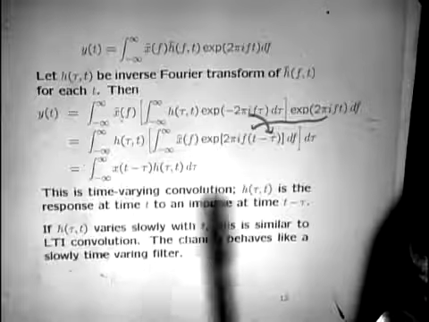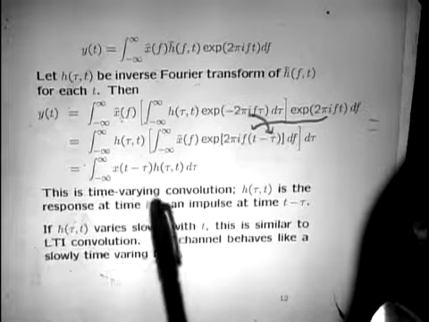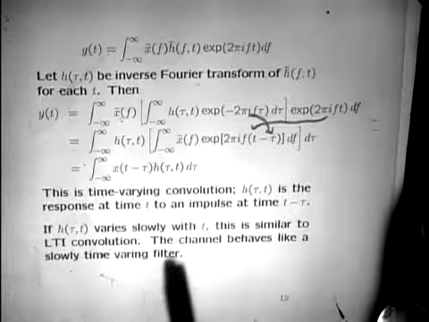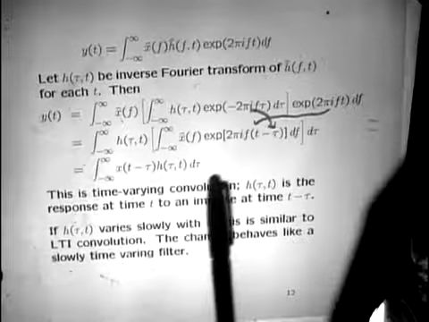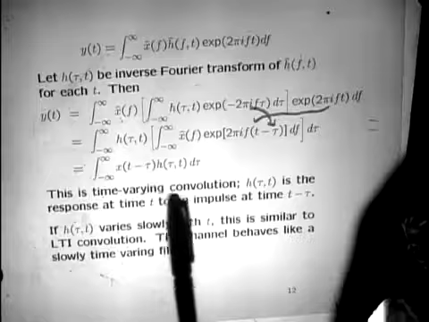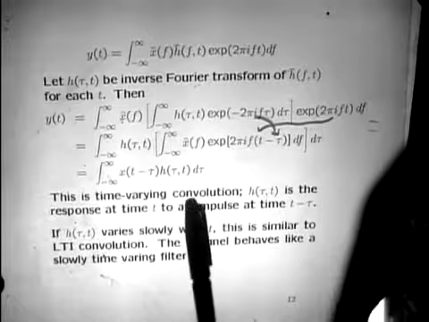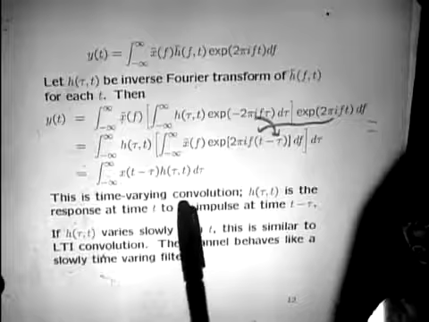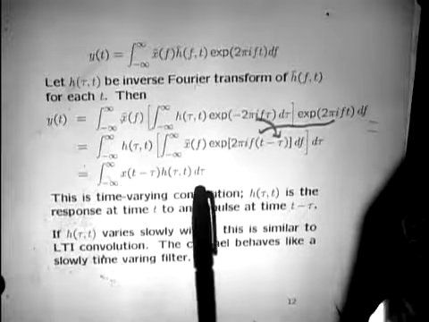Namely, this convolution equation gives you the response at time t to an impulse tau seconds earlier. Now we have a linear time-varying filter, and in all the cases we're interested in, this filter changes its impulse response very slowly as time changes. Relatively fast change with tau, relatively slow change with t.